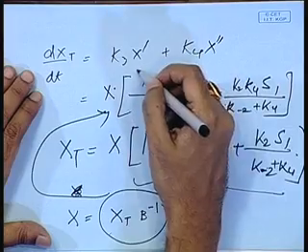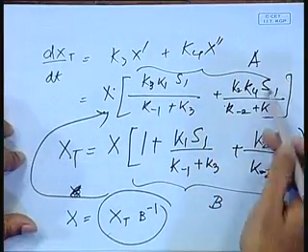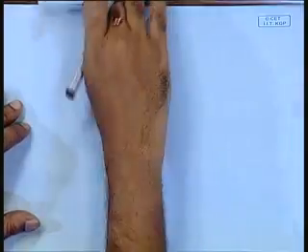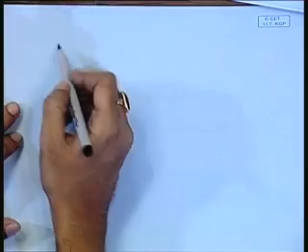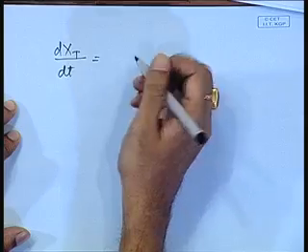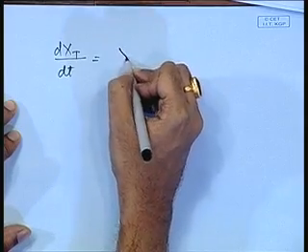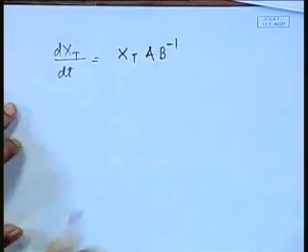And let's call this thing a. This term is a, this term is b, and then what you have is dx/dt equals xt times a times b inverse.